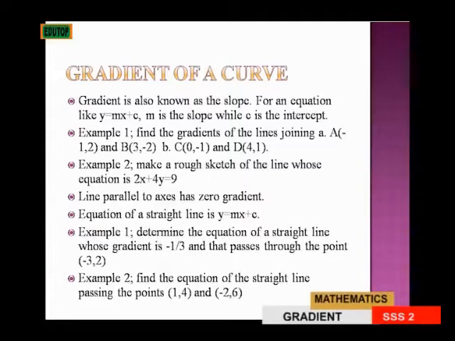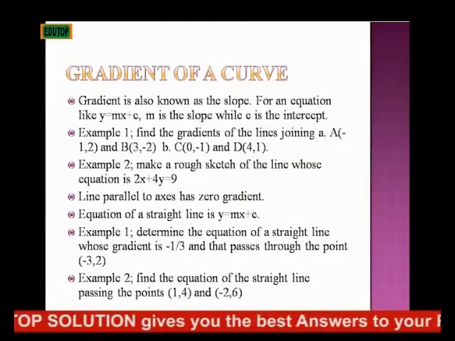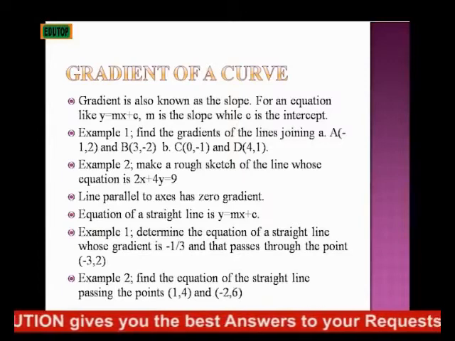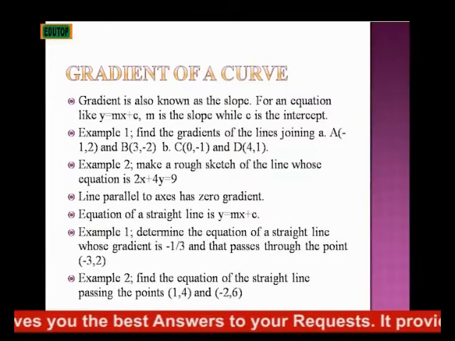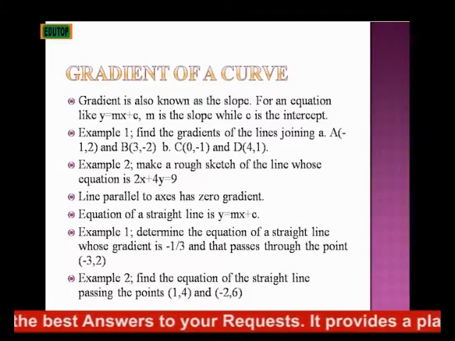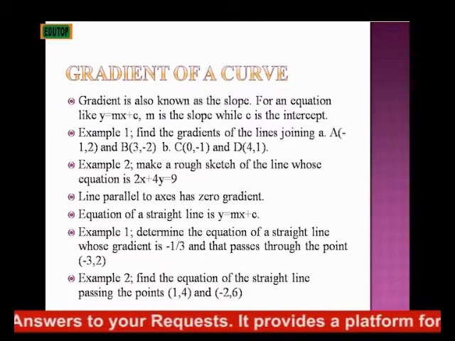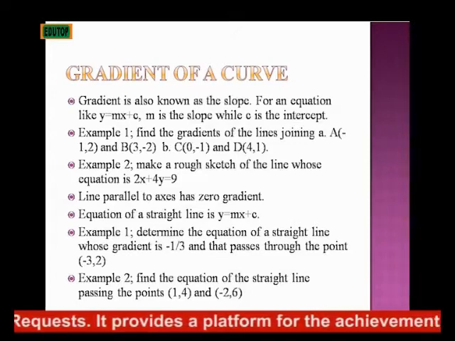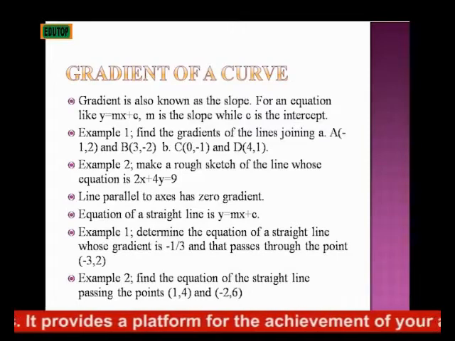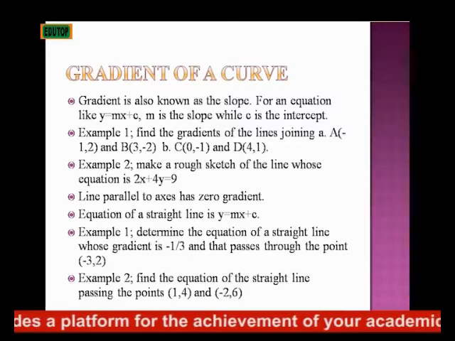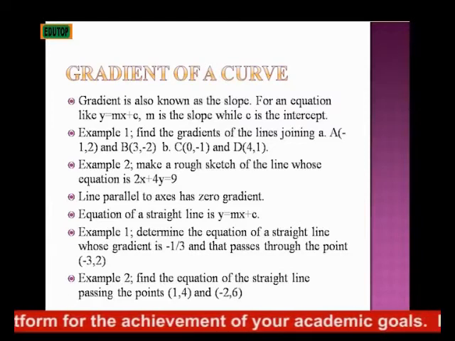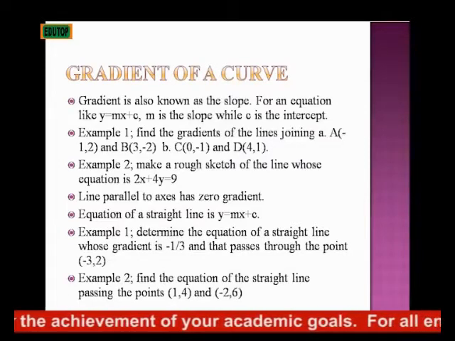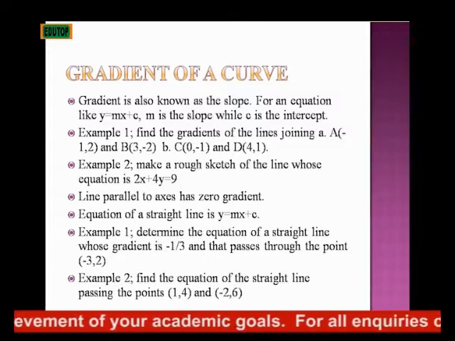Gradient of a curve. Another name for gradient is slope. Gradient is also known as the slope. For an equation like this, that's the equation of a straight line, which is y equals mx plus c, where m is the gradient that we talk about, and c is the intercept.